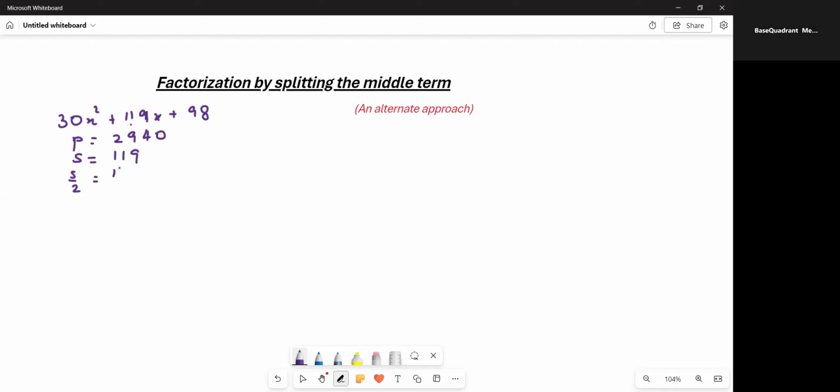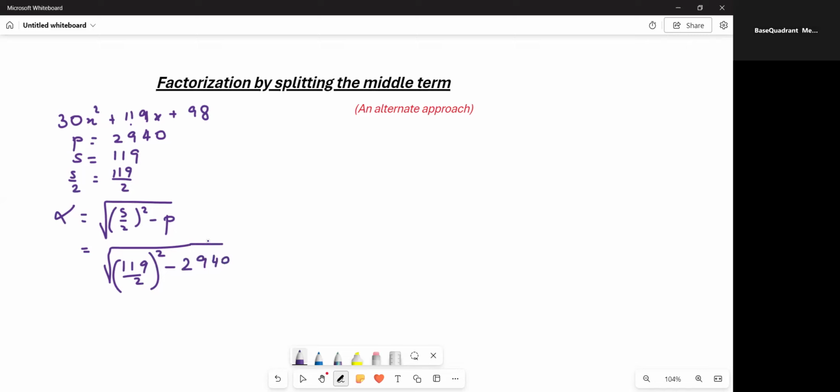All right. So first, we take the S upon 2. Sum upon 2 is 119 upon 2. We'll keep it as a fraction. Next, use the formula alpha is equal to root of S upon 2 the whole square minus P. That is root of 119 upon 2 the whole square minus 2940, which is the product, right?